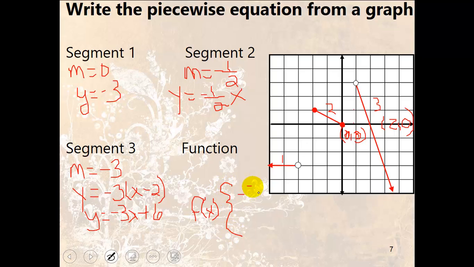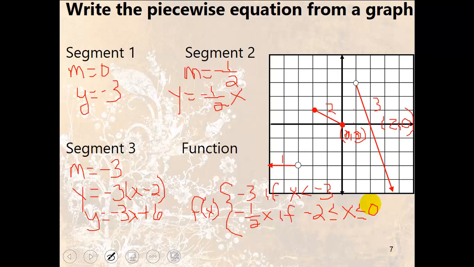So my function, my f of x, I'm going to kind of just put it down here, is equal to -3 if x is less than 1. It's going to equal -1/2 x if x is between -2 and 0. So we go -2 less than or equal to x less than or equal to 0.